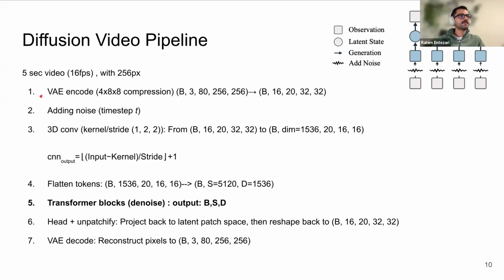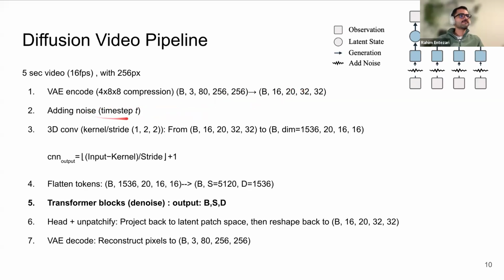So what we do is, as I mentioned, to encode. Let's say we have 80 frames, 256 by 256 pixels. And because we have 4 by 8 by 8 compression, 80 will become 20, 256 will become 32, and then again 32. So now we have this latent. We add noise to this, which is a standard Gaussian noise.